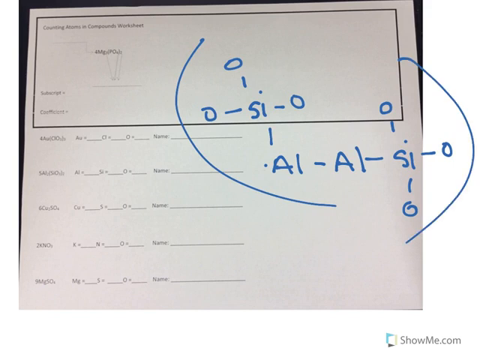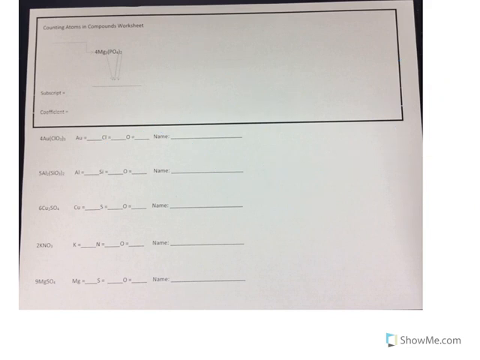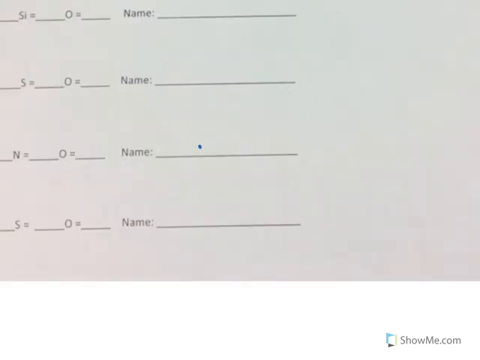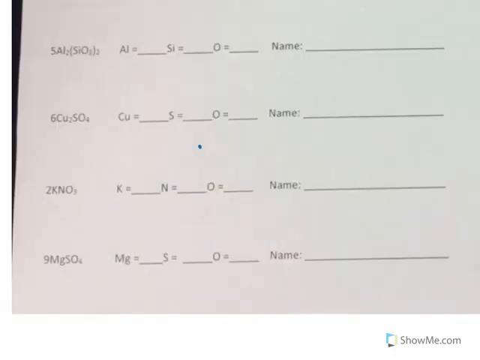And there are 5 of those, so we would do that times 5. Now, if you're paying any attention, you notice that that formula is wrong. This should actually be 3 silicates, because aluminum's charge is 3 plus. So when you crisscross, it shouldn't be 2 and 2, it should be 2 and 3. I know I said let's do one more, but that one had an error in it, so let's do one last one.